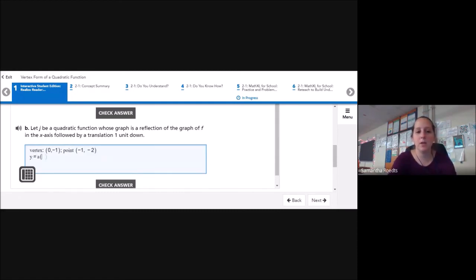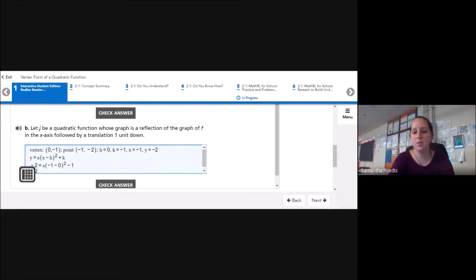So for this, my vertex, h is 0, k is negative 1, x equals negative 1, y equals negative 2. So when I substitute those values in, negative 2 equals a times (negative 1 minus 0) squared minus 1.